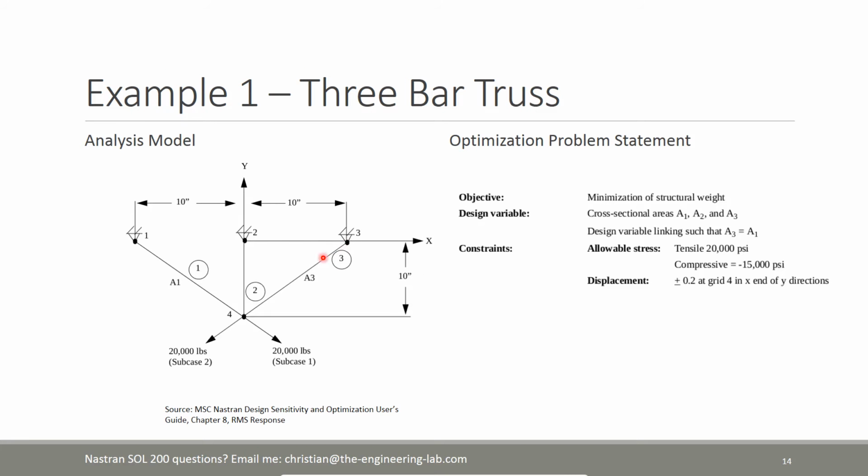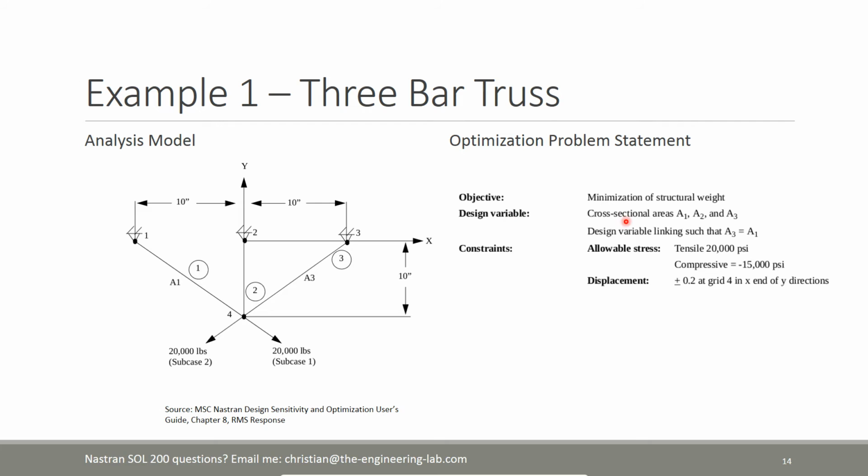The area of element 3 should match the area of element 1. And now for constraints, we want to make sure that the stress in tension is no more than 20,000 psi, and then the stress in compression is no less than negative 15,000 psi. And then we have a displacement constraint saying at node 4, this node is not allowed to move more than 0.2 inches.